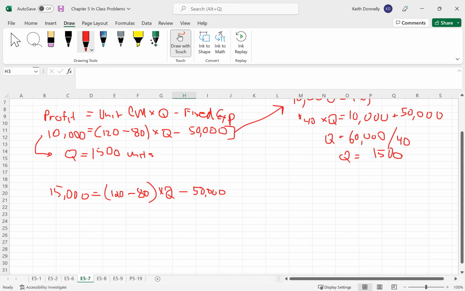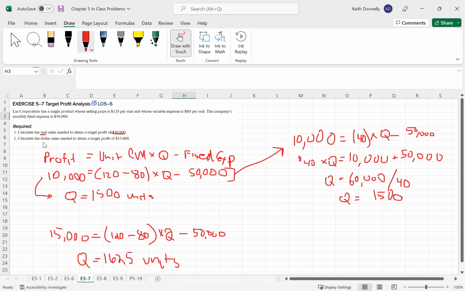Okay. And the idea here is when you do the algebra, Q is going to equal 1,625 units. Right?